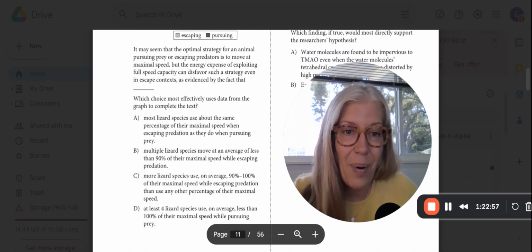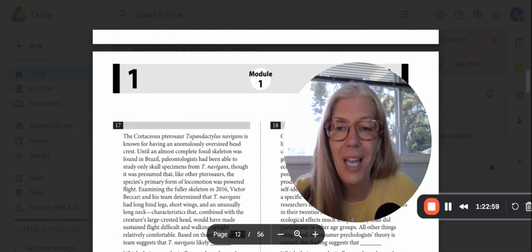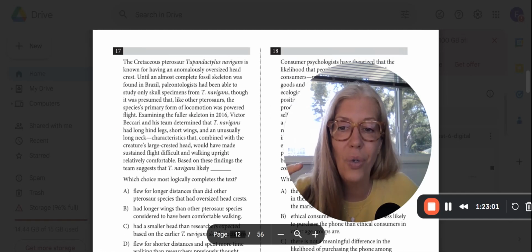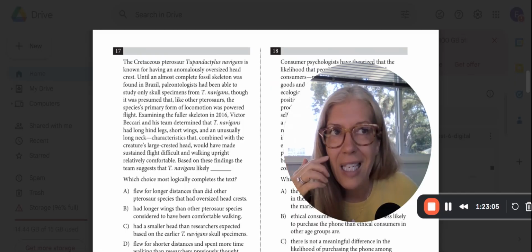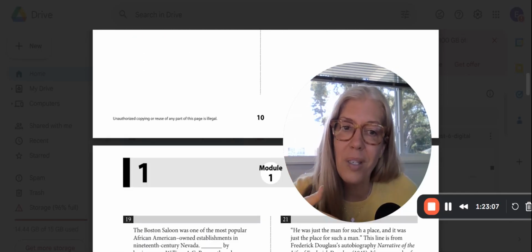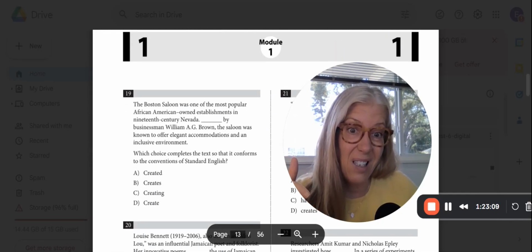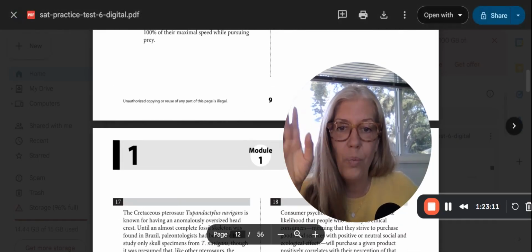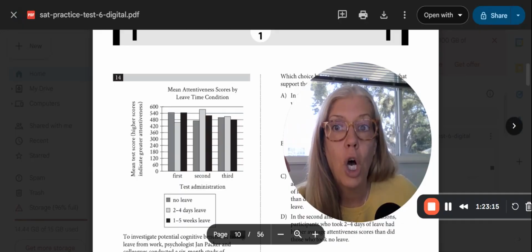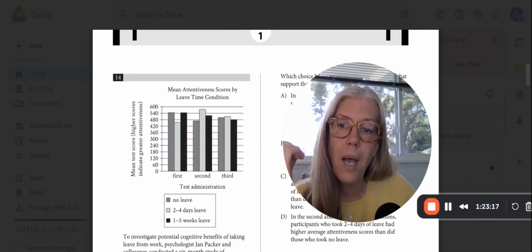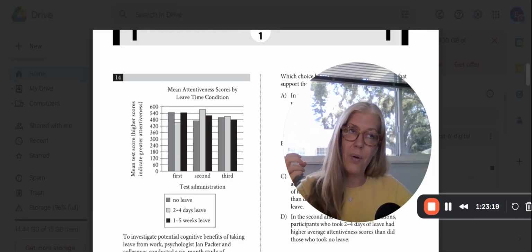A hypothesis question. We'll get through that. And then we get down to our two logically completes the text. And then around 18, 19, 20 is always the rest is grammar. And that goes fast. So we're nearly through the long reading, the stuff that is actually going to take the brain power.